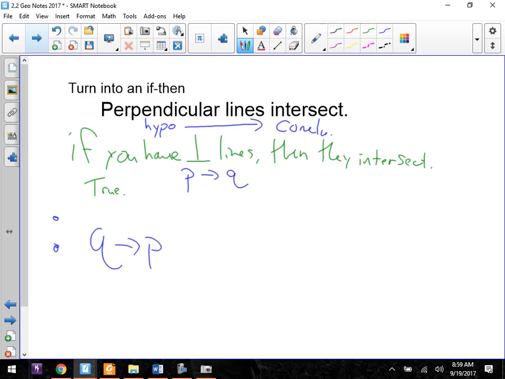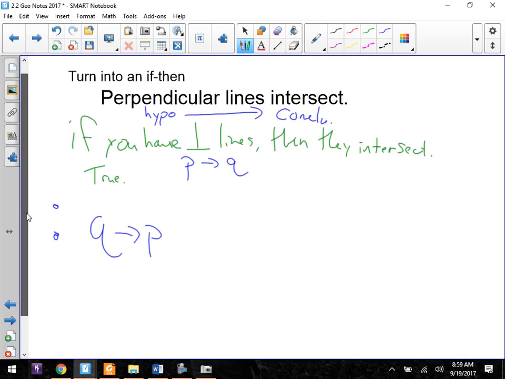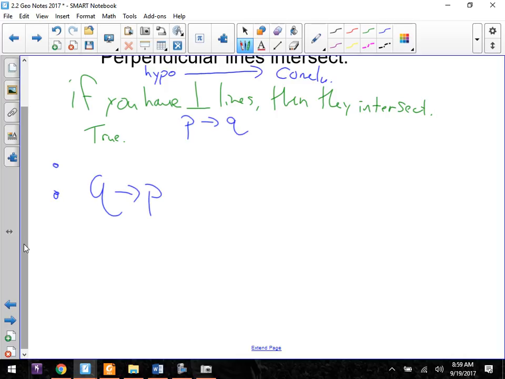All right, see how I'm going with that? Because you want to use if then, not would be. If then. Exactly. So if I flip-flop them, it doesn't necessarily always mean it's a true statement. So here's what we have.